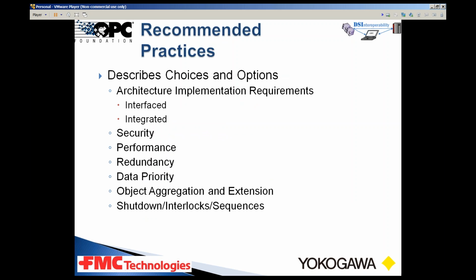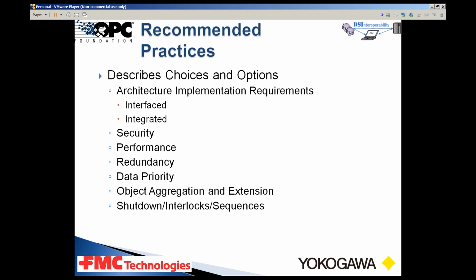It's a separate document from the OPC UA MDIS companion standard, but it provides guidance and recommendations for things that are going to be project specific and may vary between projects, such as which architecture you've chosen, or maybe security settings or performance requirements, redundancy, how you expect redundancy.